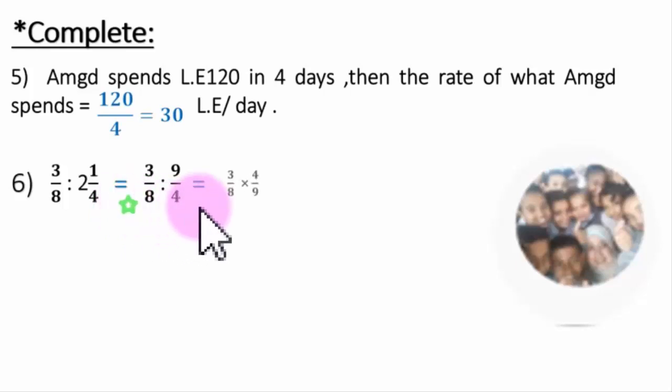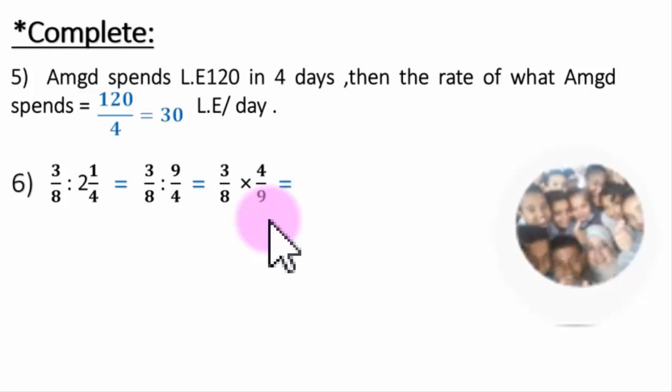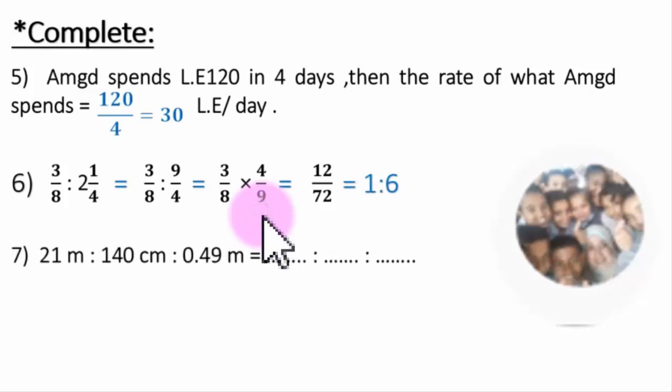Then convert this division operation to multiplication. 3 over 8, convert the division sign to a multiplication sign, then get the reciprocal of 9 over 4. The reciprocal of 9 over 4 is 4 over 9. So multiply 3 by 4, 3 times 4 equals 12, 8 times 9 equals 72. We can write it in the simplest form like 1 to 6.